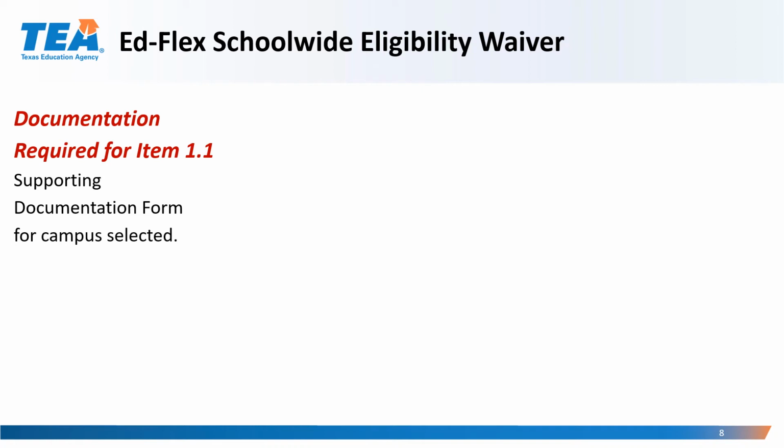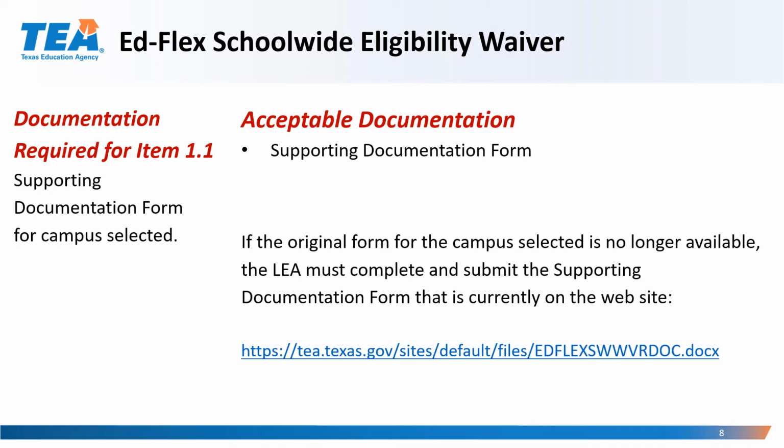For this validation, the LEA is asked to submit the supporting documentation form for the campus indicated in the notification letter. If the original form for the campus selected is no longer available, the LEA must complete and submit the supporting documentation form that is currently available on the website.